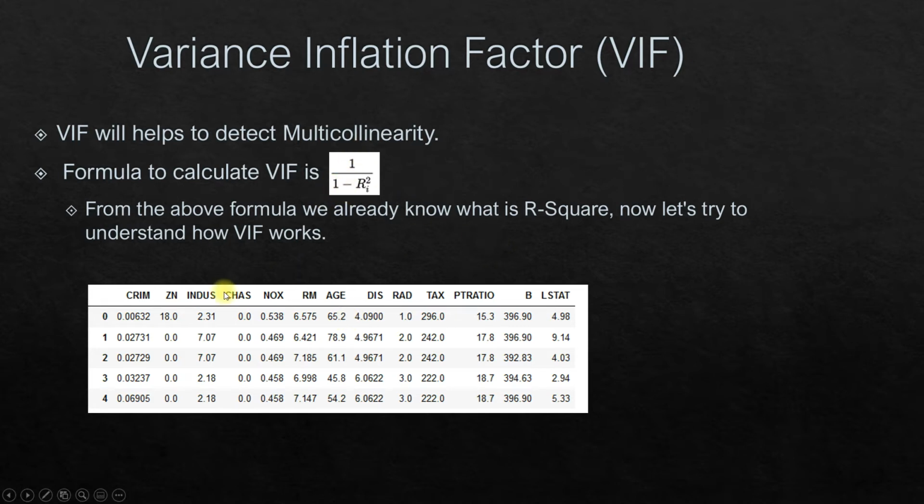Similarly, I'll make Zn my dependent variable, then Indus. I'll make each and every column a dependent variable, build a model, and then find an R square. I'll substitute it in this formula, 1 by 1 minus R square, and then I'll find a VIF.